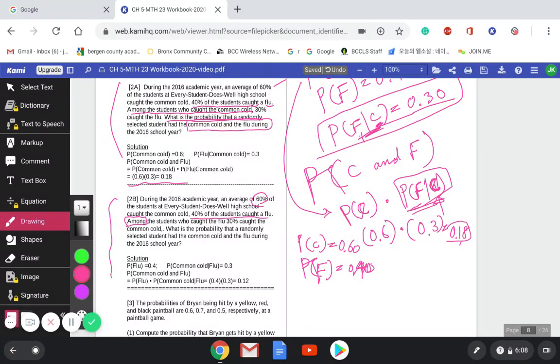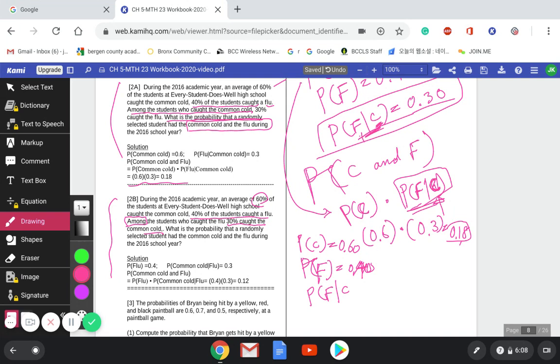So this is a conditional dependent one. So you use the probability of which one first? Flu first, right? Flu given common cold. No, they are looking for flu first, and their 30% is common cold.